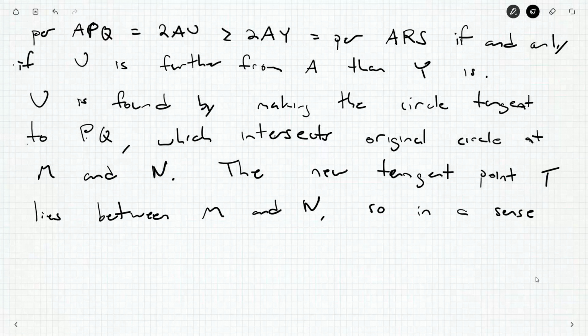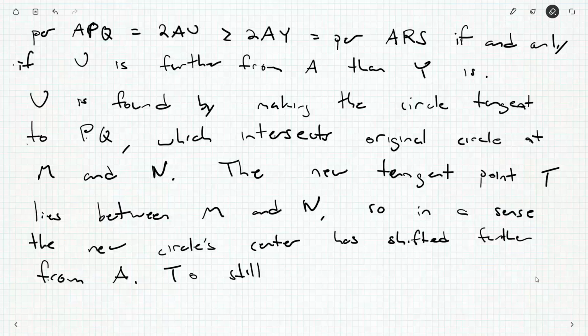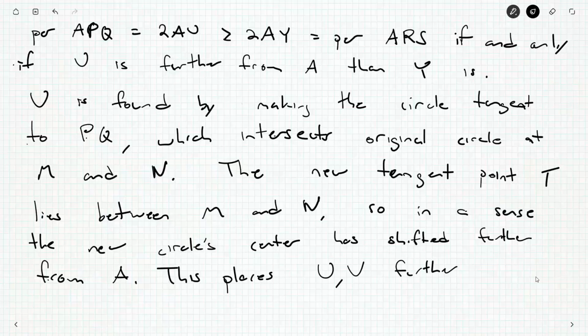So I guess, in a sense, the new circle center has shifted further from A, and this places U and V further from A. There might be a more technical or exact way to do this, because this is kind of a verbal explanation.